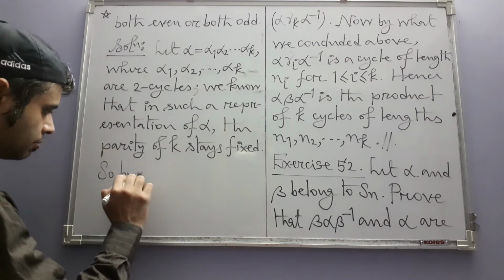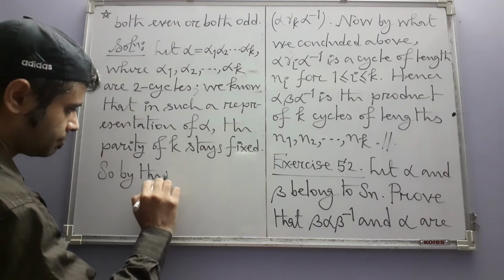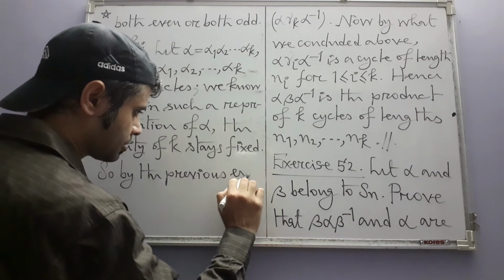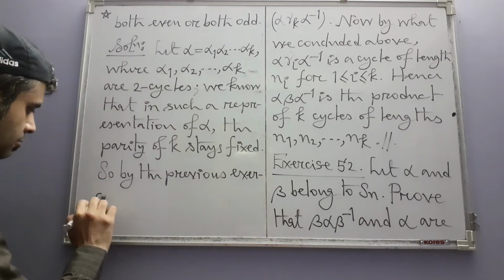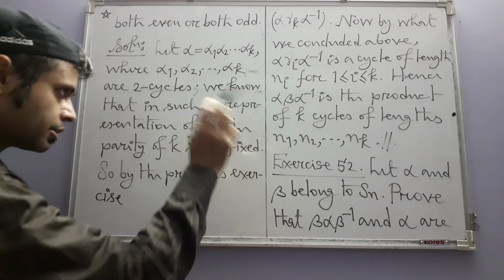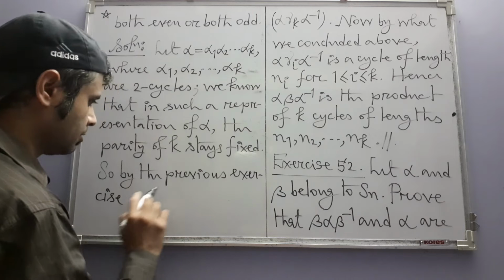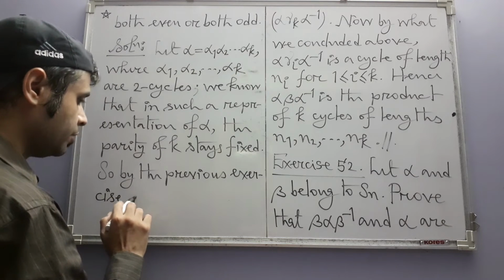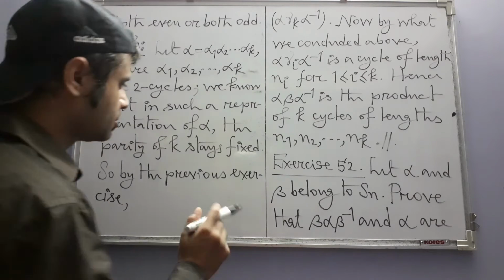So by the previous exercise, and now we are going to use the previous one, the 51st one. By the previous exercise, okay, so how are we going to use the previous one?